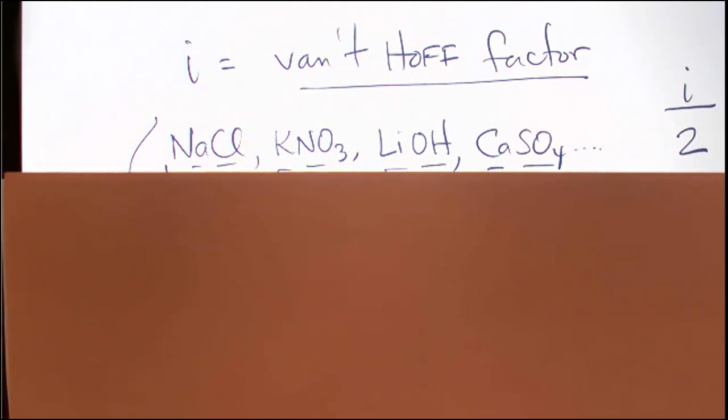In the case of calcium sulfate, you'd get 1 mole of calcium and 1 mole of sulfate. You'd get 2 moles of particles. So for those salts, the Van't Hoff factor would be 2. More specifically, the expected, the theoretical, the ideal Van't Hoff factor would be 2.